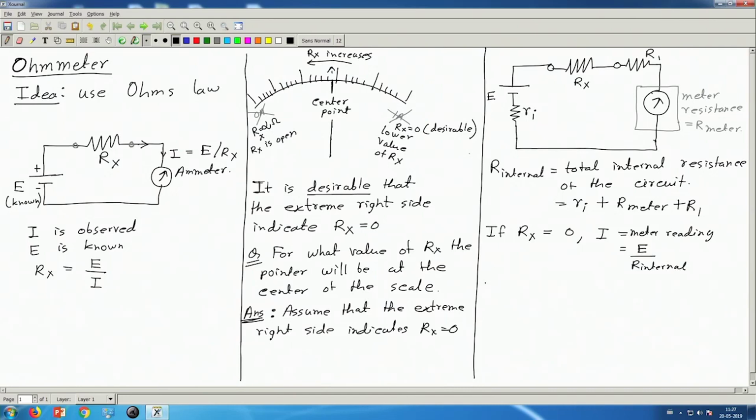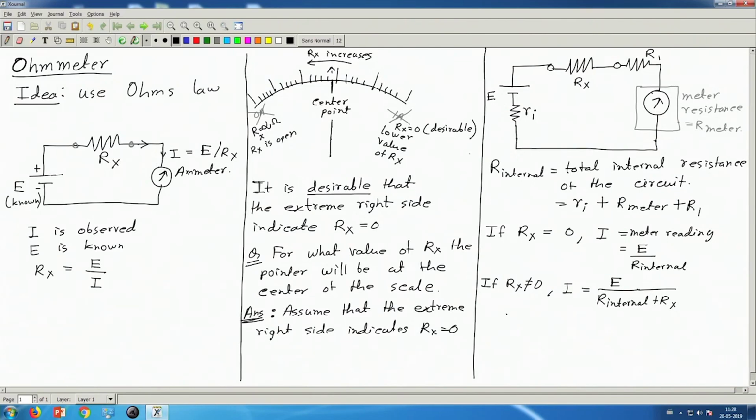And for other values of R x, I is equal to E divided by R internal plus R x, because R x and R internal are in series. If I add them, I get the total circuit resistance, and if I divide E by the total resistance, I get the meter reading current I.